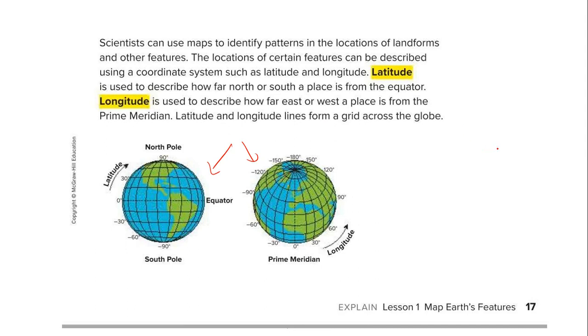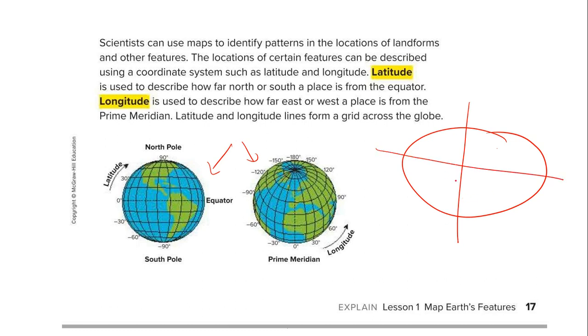So scientists developed a system where they took the Earth and they made lines going down and across. And we use these lines to show us the location of an object. So the lines going to the side kind of looks like an equal to sign. And we call those lines lines of latitude.